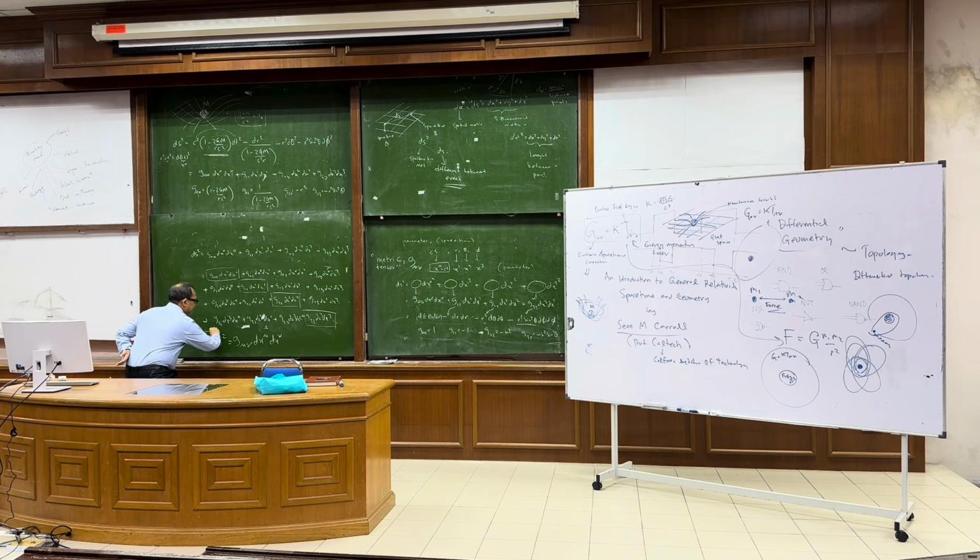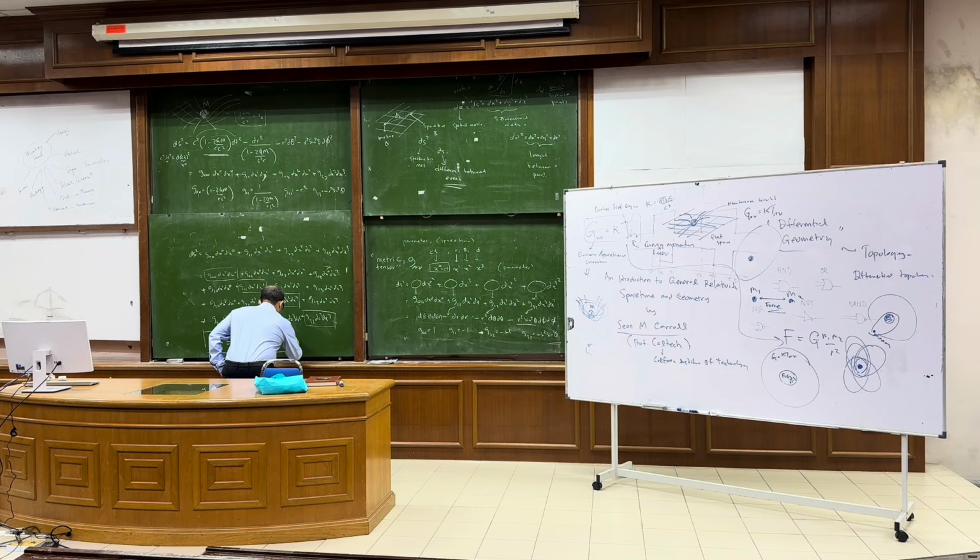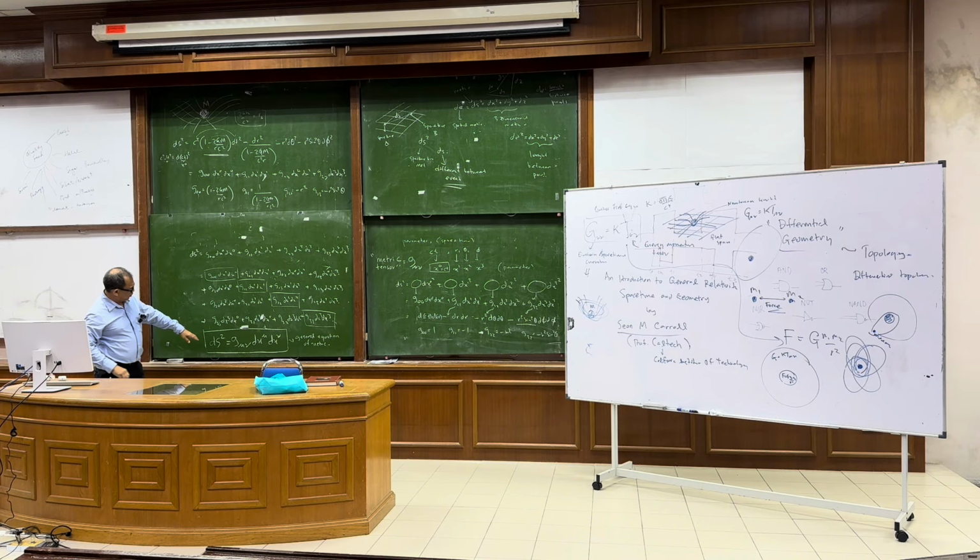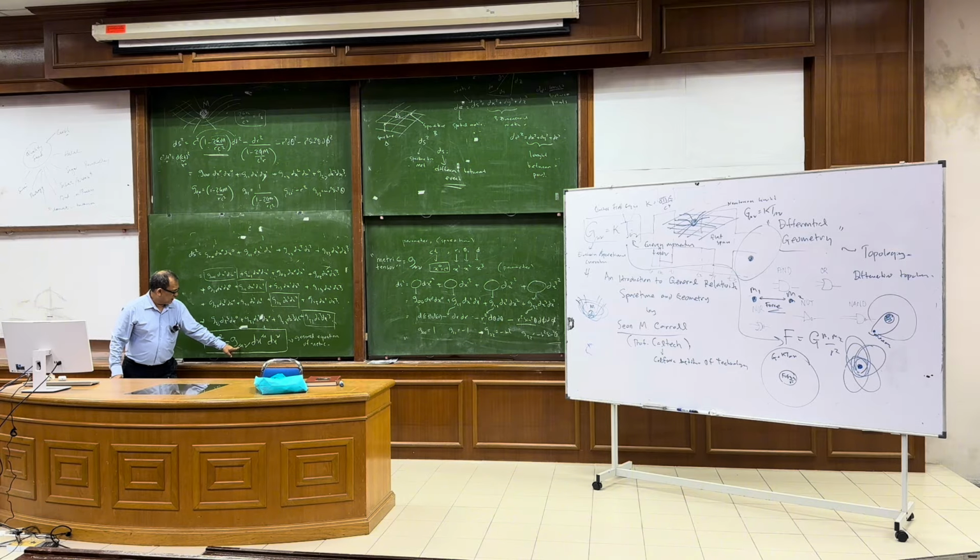So this is the general equation of the metric, the space-time metric, whatever, written in tensorial form. Mu and nu are dummy indices, one upper and one lower index, both dummy.